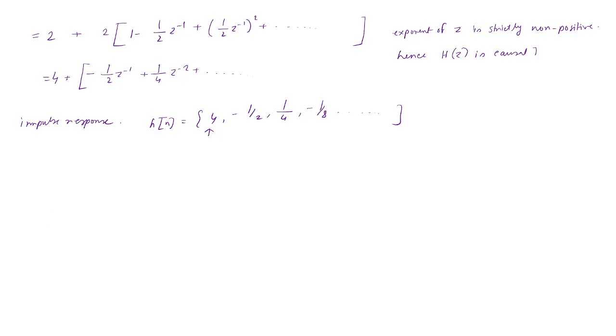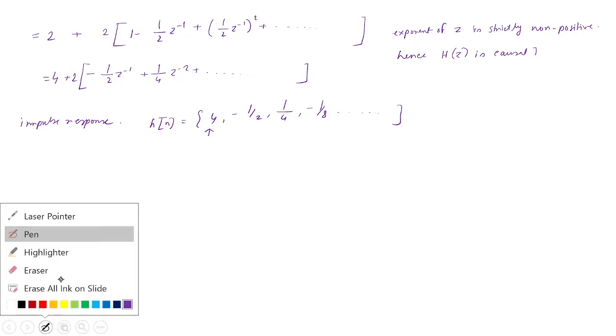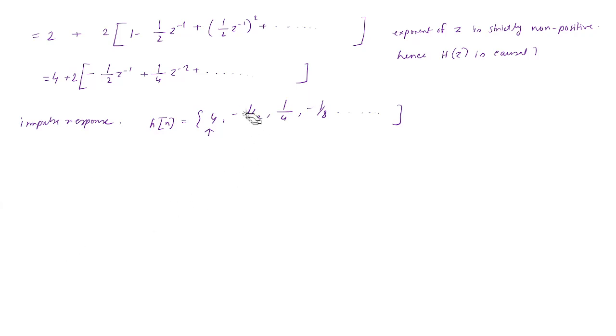So 2 plus 2 times this, therefore this coefficient got multiplied by 2, therefore it will be minus 1, it will be half, it will be minus 1 by 4, like that only.